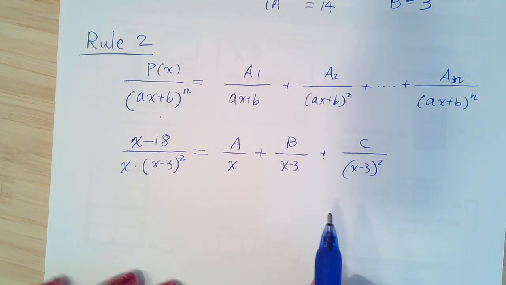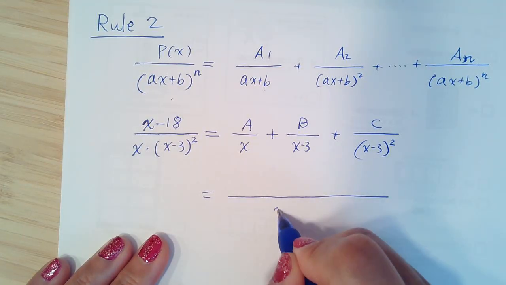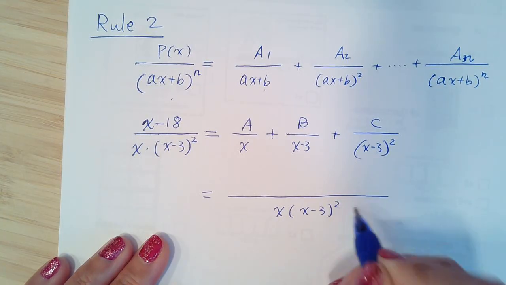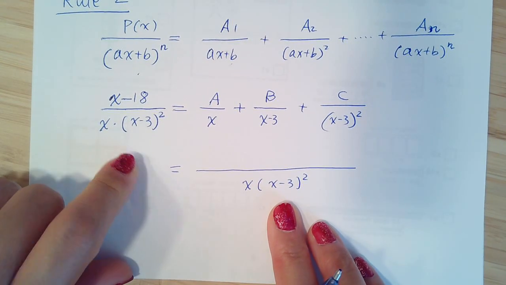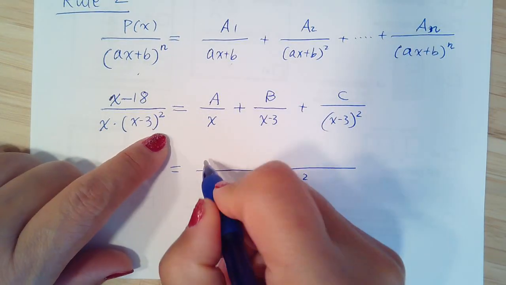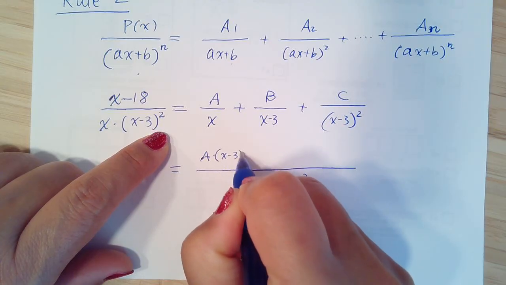Once I have this, let me just go backwards. I find the least common denominator is x times x minus 3 squared, which is the same as this denominator, right? Okay, so then this a, I got to multiply by x minus 3 squared. So that will be a times x minus 3 squared.